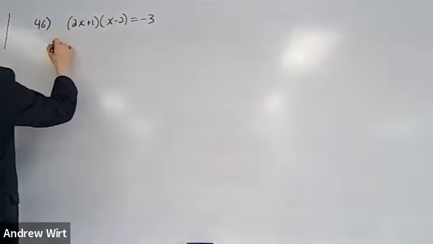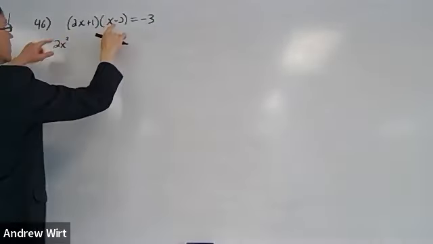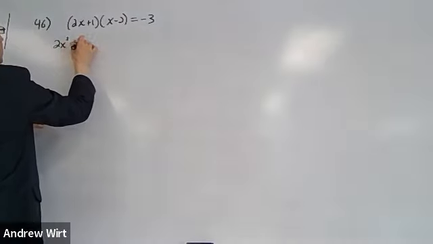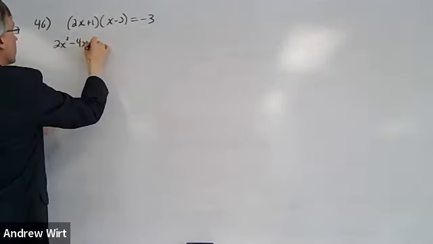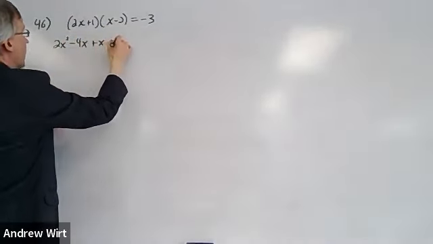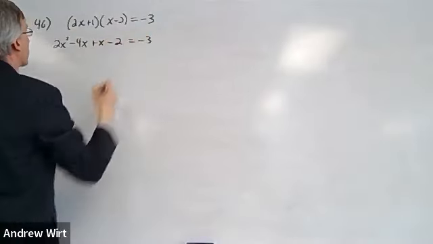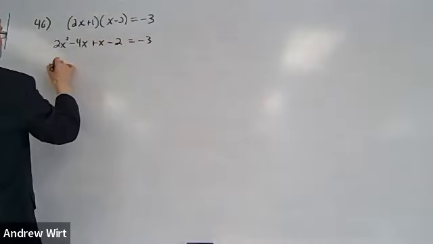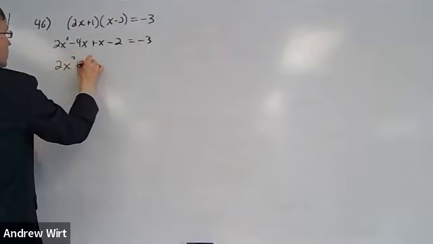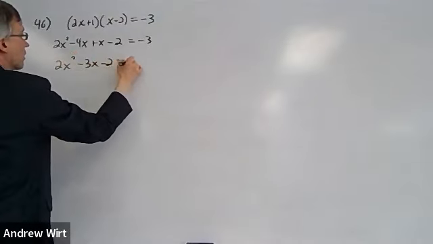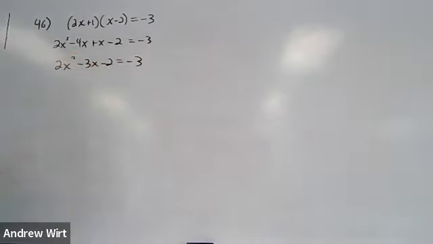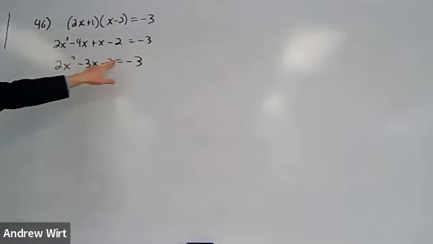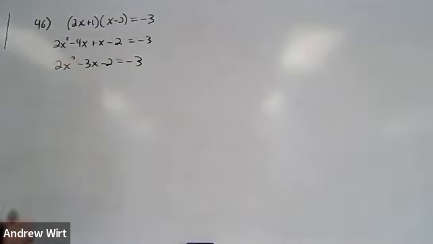So first, 2x squared outside, inside, last. Combine these two middle terms. And now we can finally move the 3 over by adding 3 to each side.